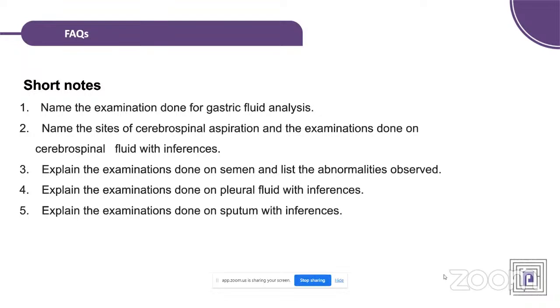And then we also look at it physically: how much amount of sputum we receive, and what is the color of the sputum, because based on the color we can tell some conditions, like blood mixed sputum, rusty colored sputum, or greenish sputum. So based on the color of the sputum, there are some differential diagnoses which we can give. So that's it.